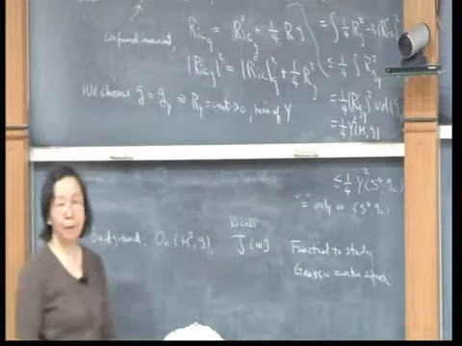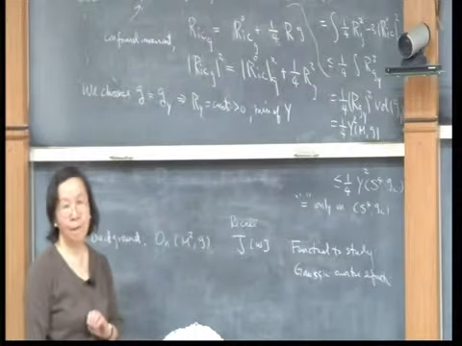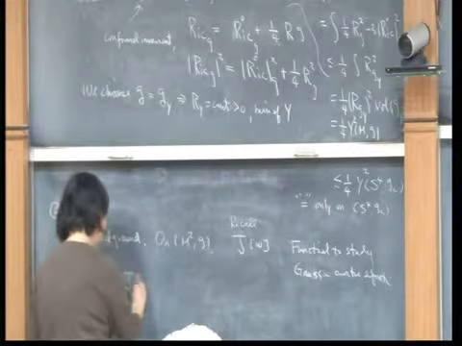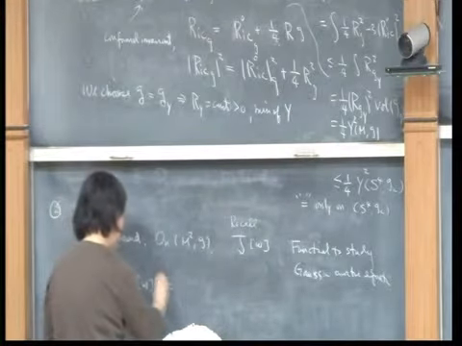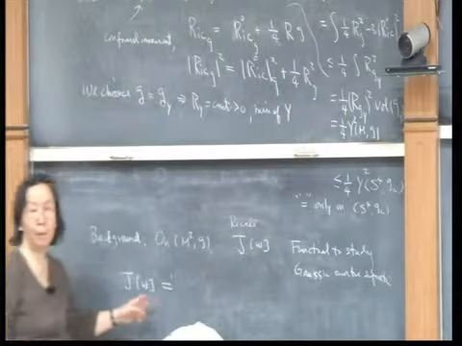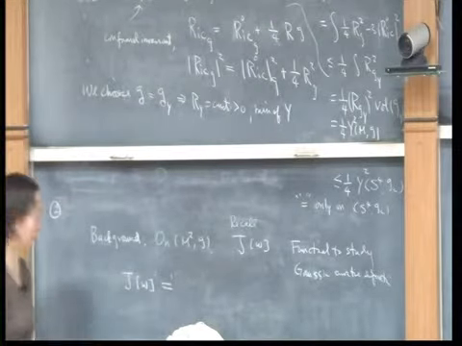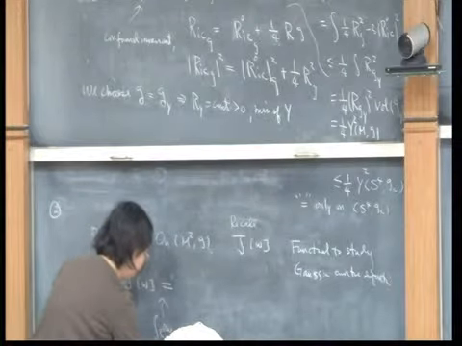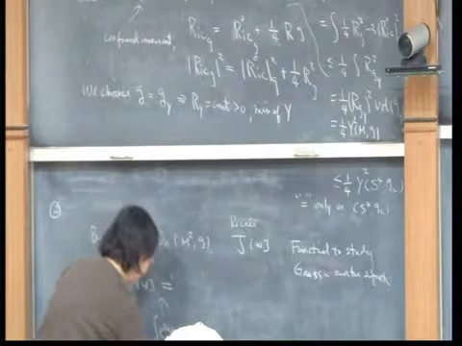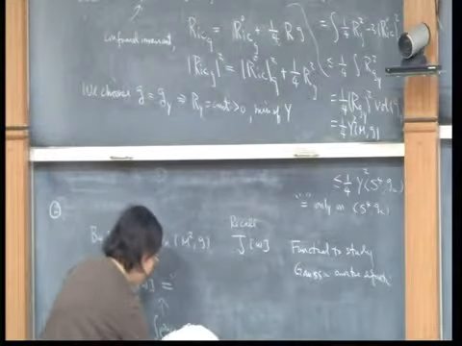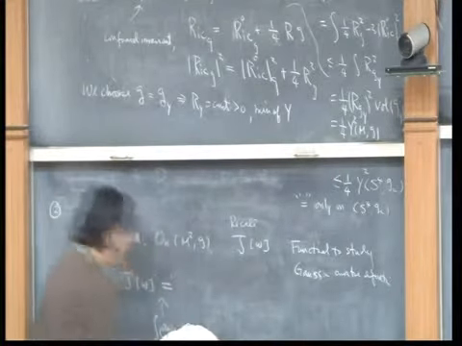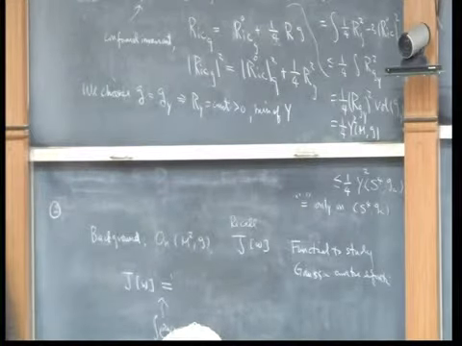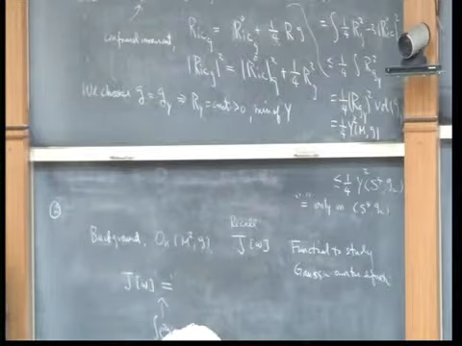But this functional turns out to have another geometrical meaning. I have skipped a little bit of detail. Under the normalization that the volume of the metric is the same, it is also the log determinant functional of the Laplace operator.